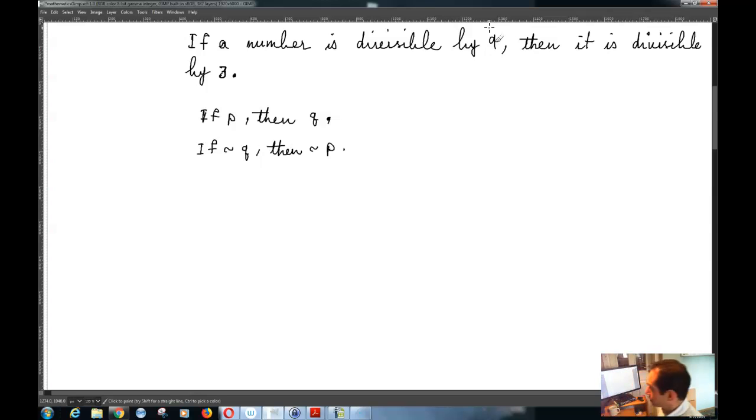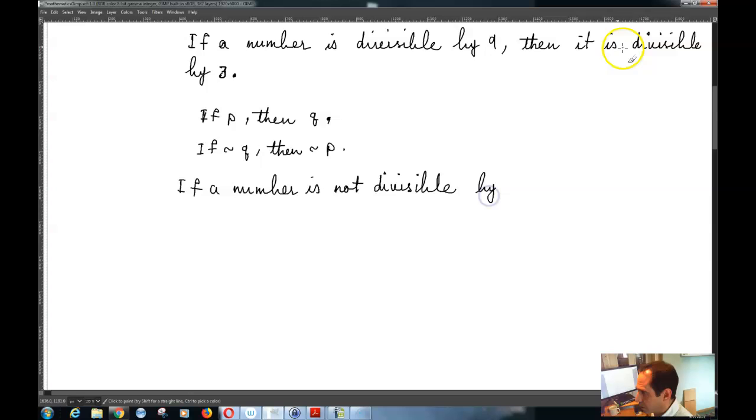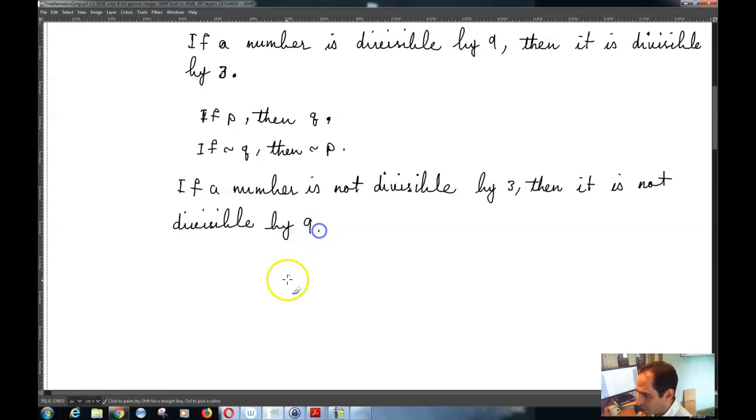If a number is not divisible by 3, the negation of the second statement, divisible by 3, then it is not divisible by 9, which of course happens to be true as well.